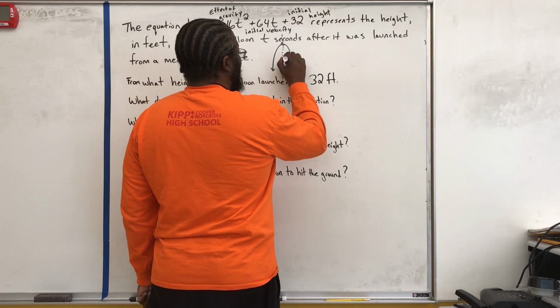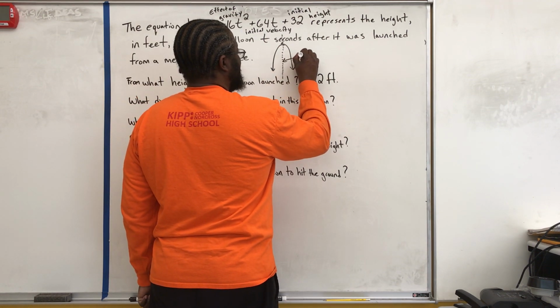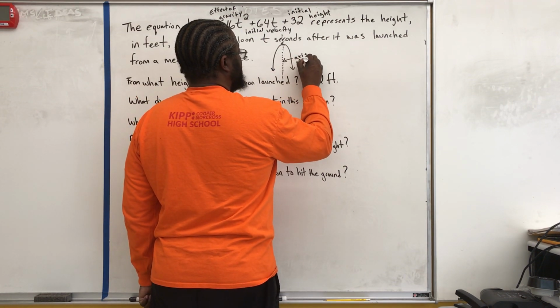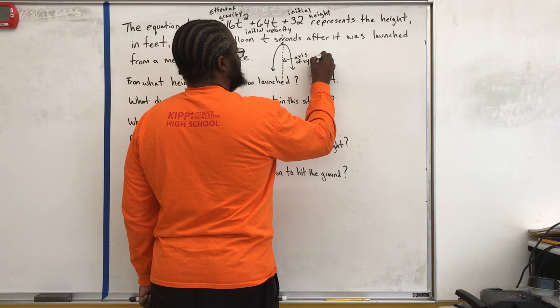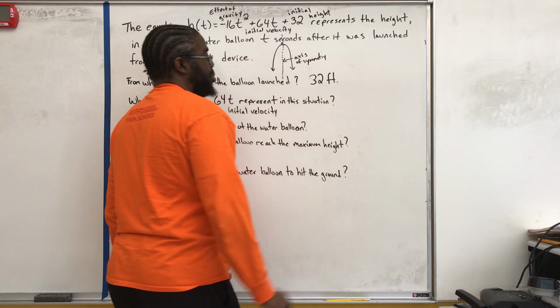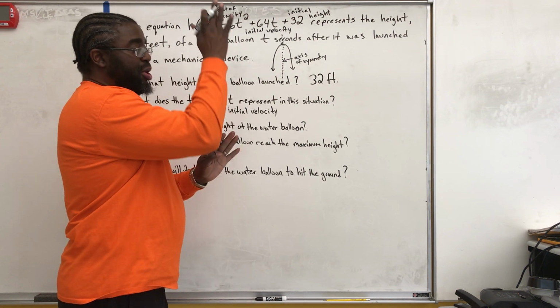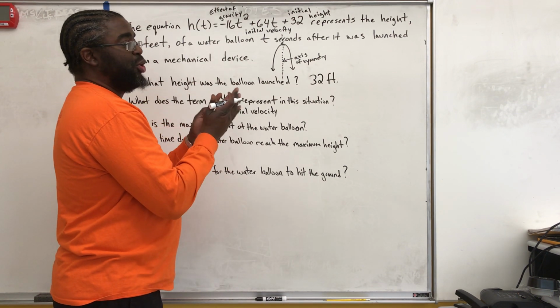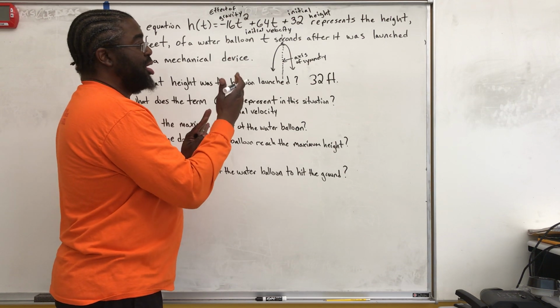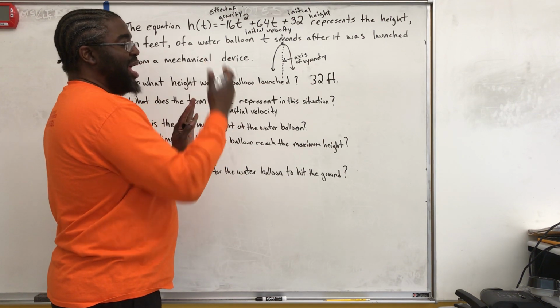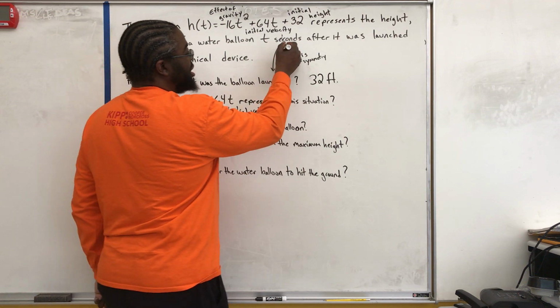We call that line the axis of symmetry. We call it the axis of symmetry because it's the line that folds the parabola in half. It's the middle line that divides into a symmetrical, one side and symmetrical on the other side, the axis of symmetry. That's where my maximum is going to occur.